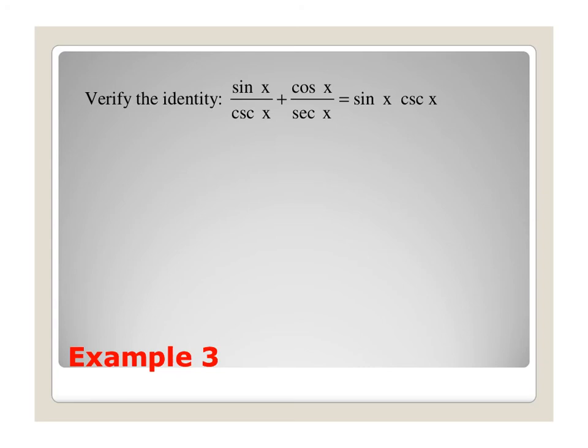So what I did is that I put sine over 1 over sine plus cosine x over 1 over cosine x, is equal to sine multiplied by 1 over sine.